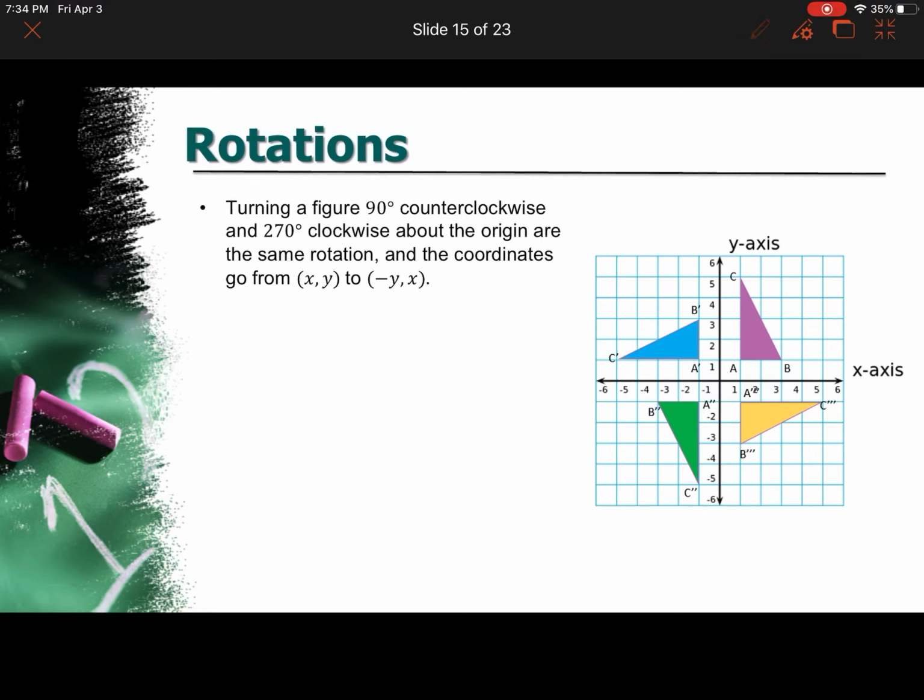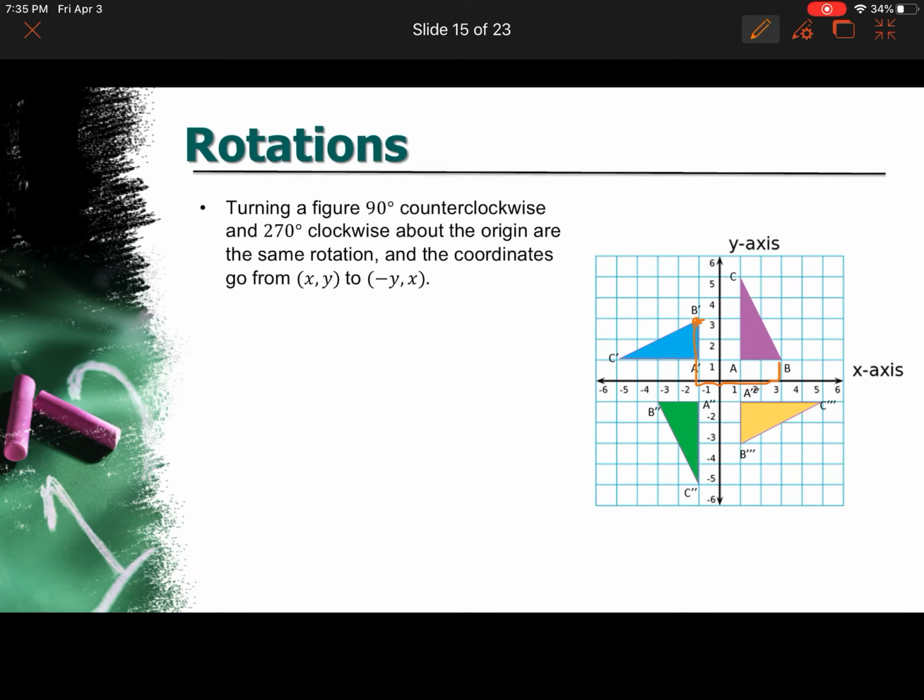So, for example, B is (3, 1). So I switch the 1 and the 3, and I make the 1 negative. So negative 1, up 3, that gives me my new B. And that's what happens when you have a 90-degree rotation.